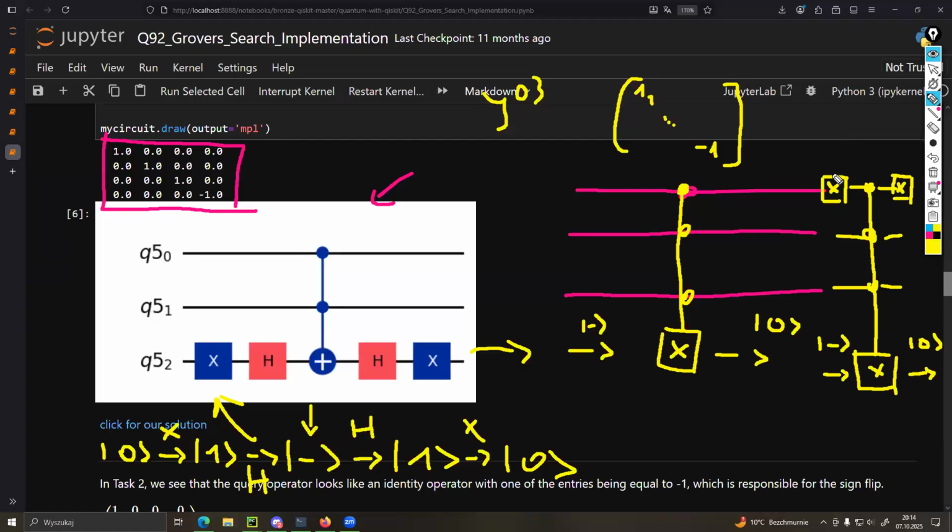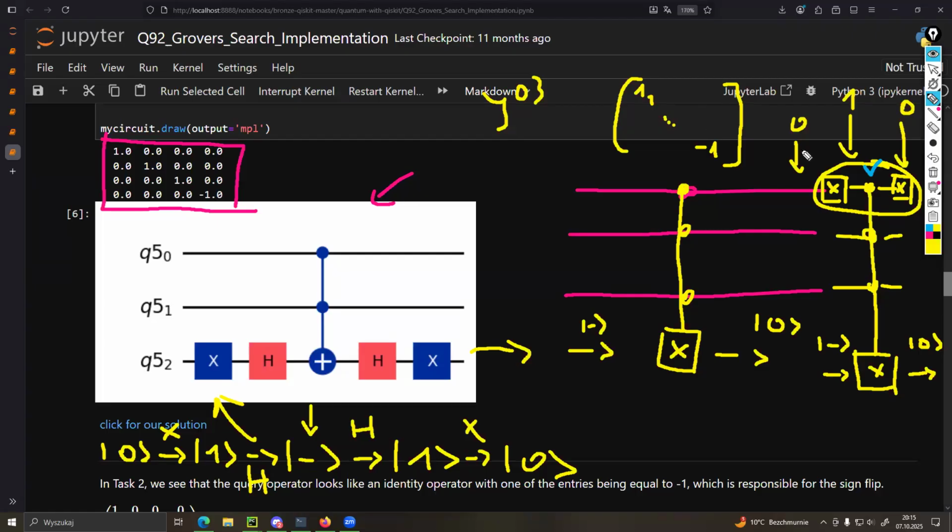So if this is 0, this entire ensemble will trigger because this X gate will flip it to 1, then this condition will be satisfied, and after the last X gate, I will recuperate this bit into its original state for further calculation down the line.